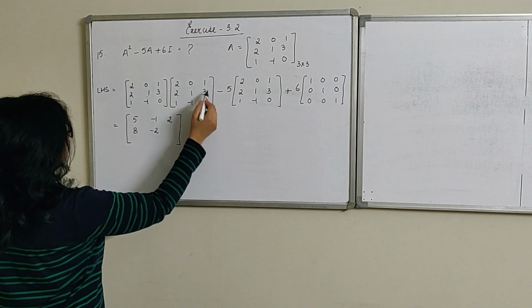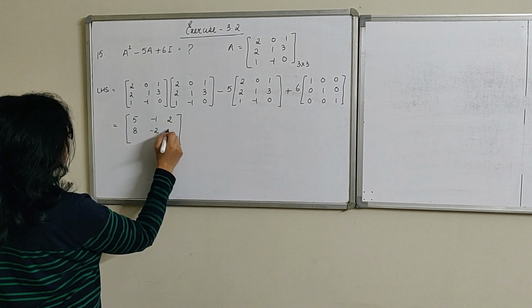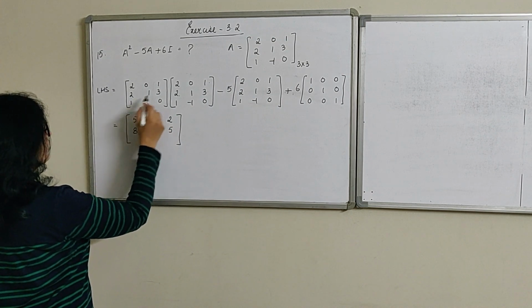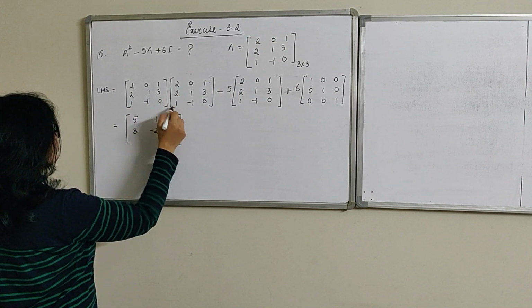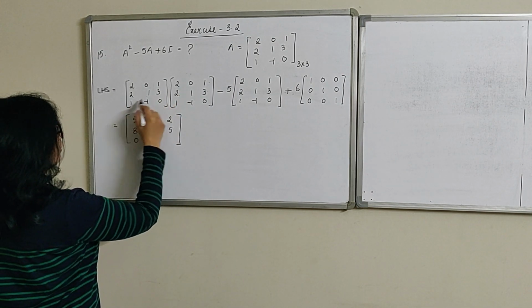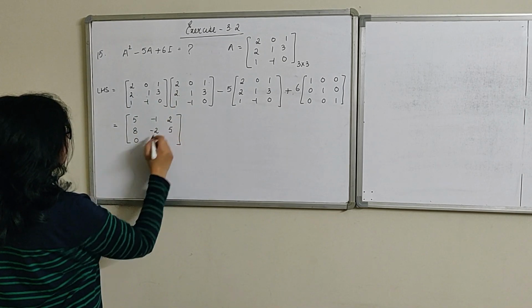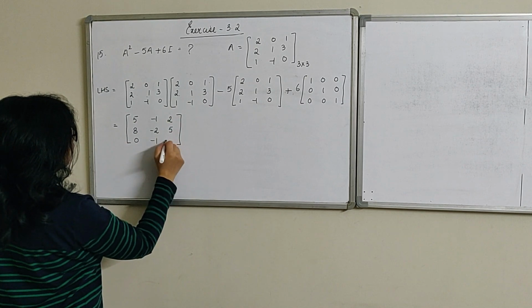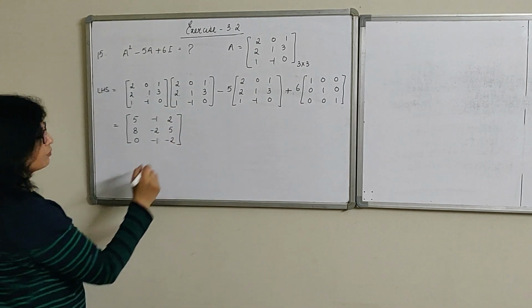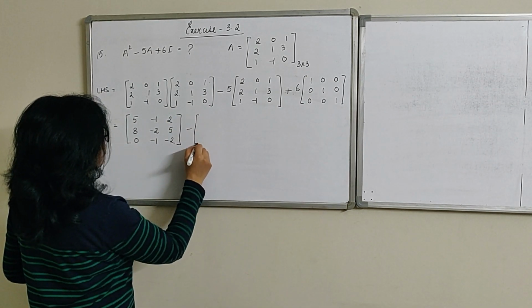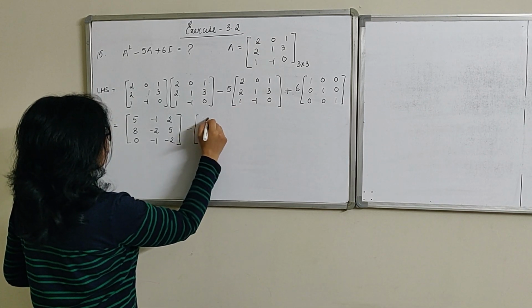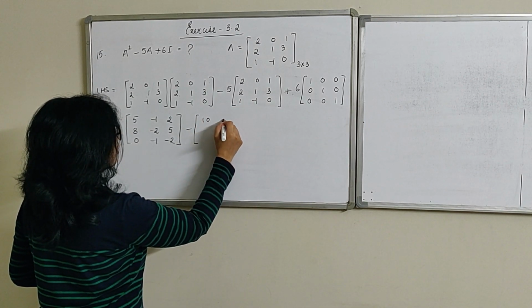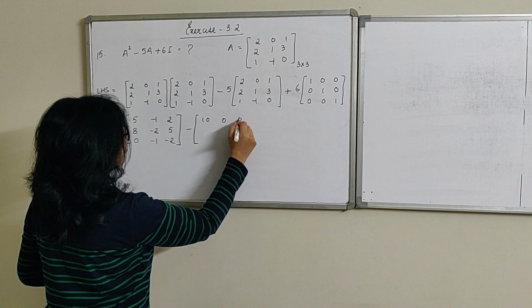And this multiplied by this, 2 plus 3 plus 0, 5. Next, 2 minus 2 plus 0. Here is 0, minus 1, 0. Then it is 1 minus 3, that's minus 2. So the product matrix. Next is scalar multiplication, multiplying each element of the matrix by 5.